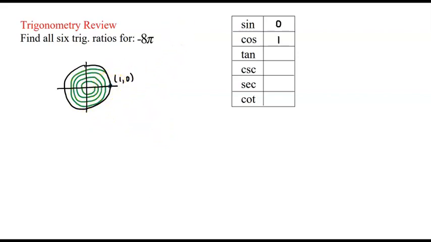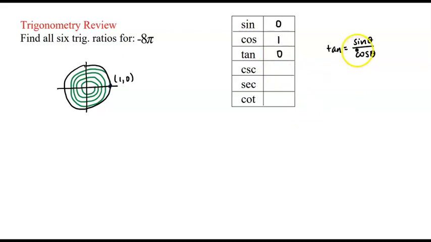So you can think about it that way too. Tangent, we know tangent is sine over cosine. It's one of our major trig identities, that tangent is equal to sine over cosine. And so our tangent is 0 over 1, which is 0.